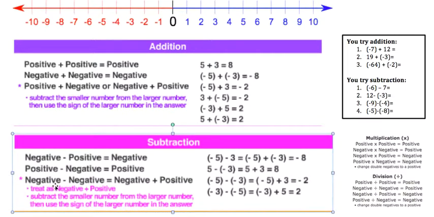Okay, so if we have a negative number now taking away from a negative number, we're going to treat it back as a negative plus positive situation, like this one up the top here. We want to subtract the smaller number from the larger number and use the sign of the larger number in the answer.